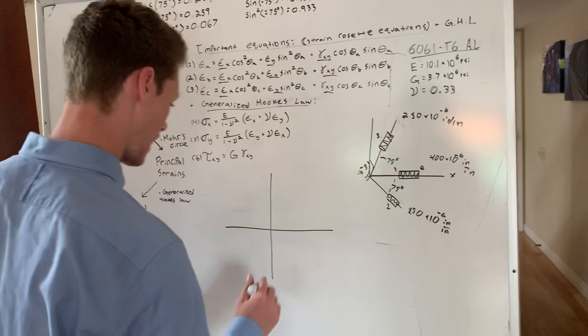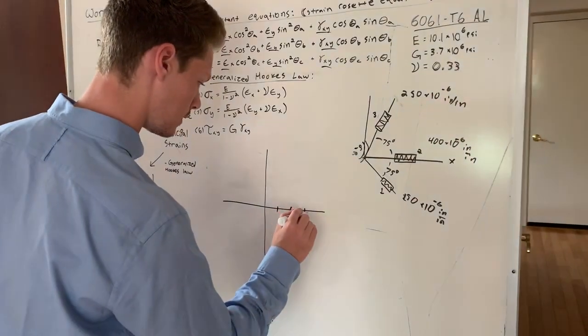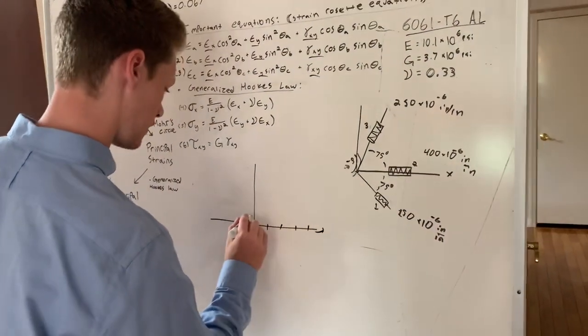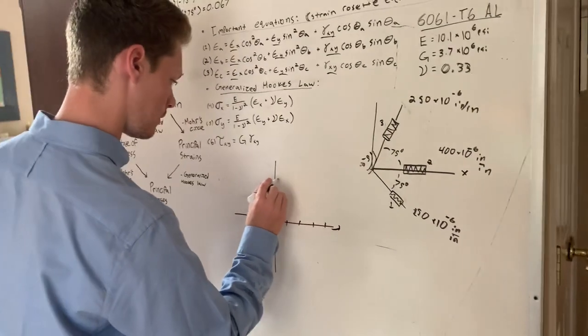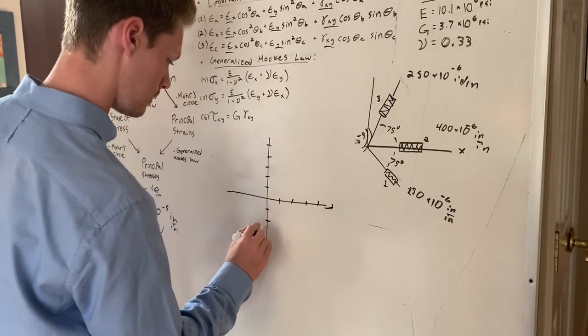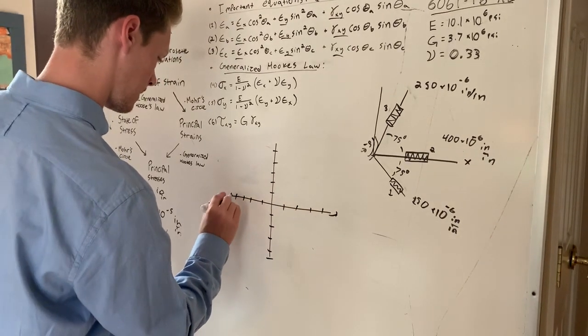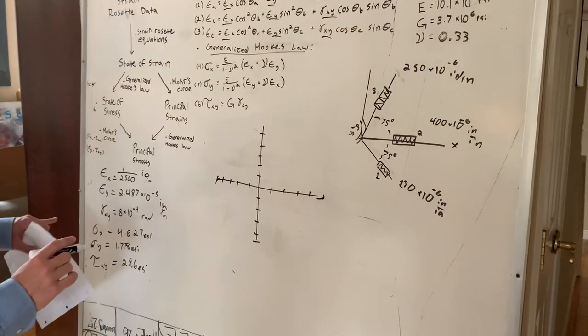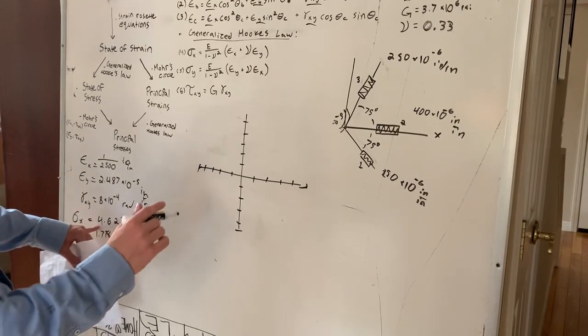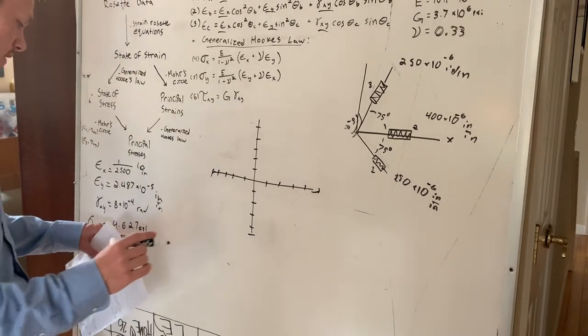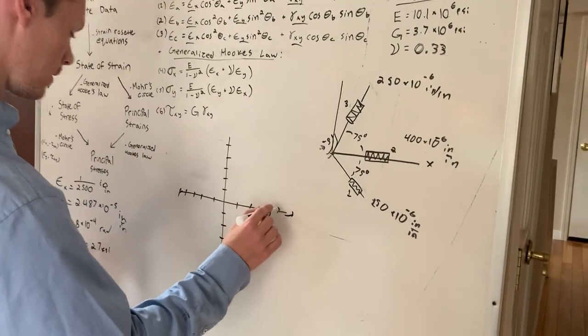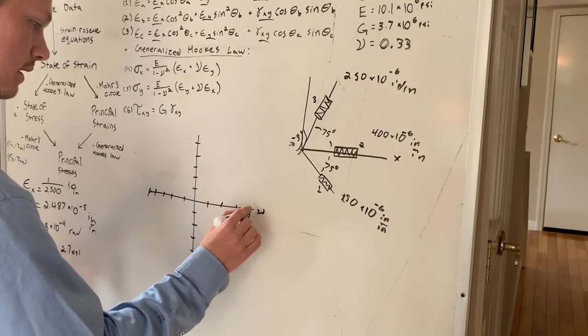We get up to 5: 1, 2, 3, 4, 5. Like I said, positive 4.627, which is right here.